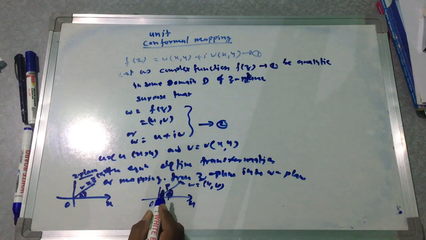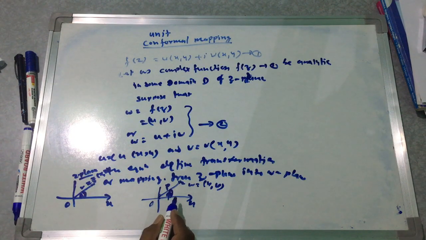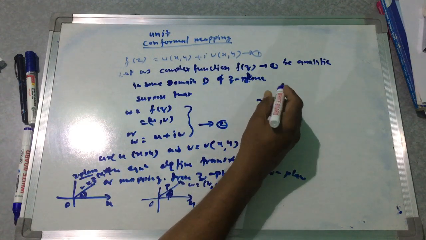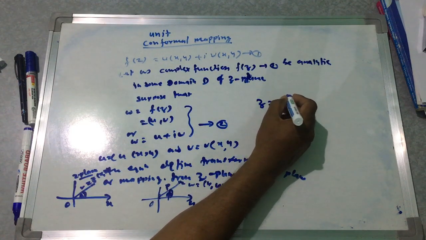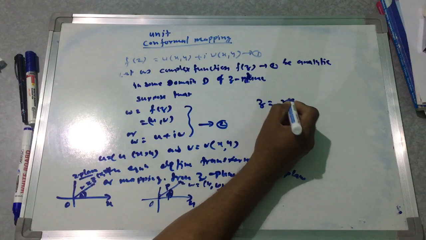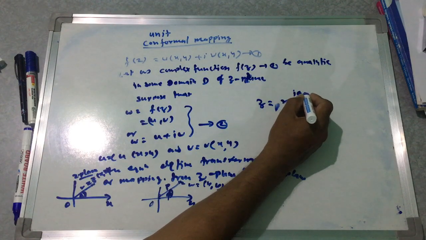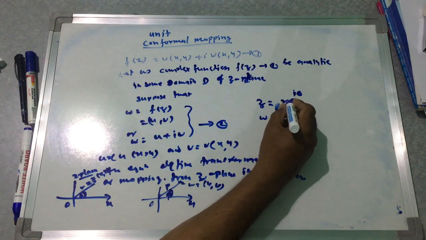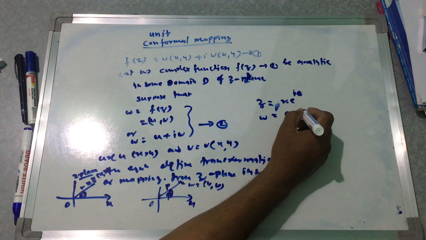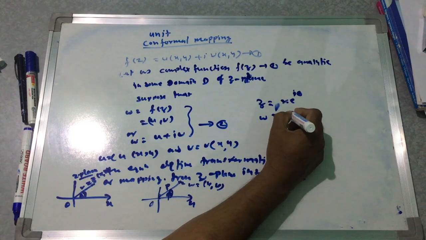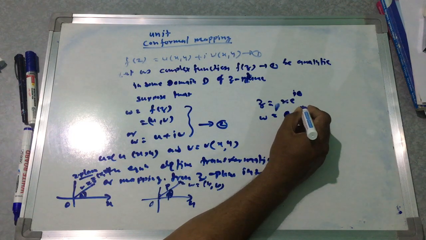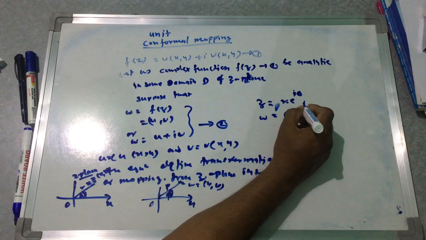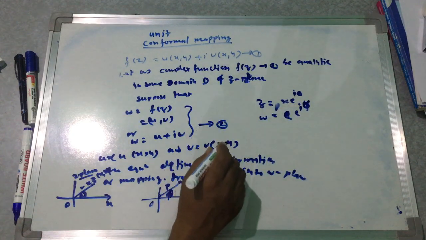So the points z and w are called images of each other. Here we write z is equal to r e to the power i theta, and w is equal to rho e to the power i phi.